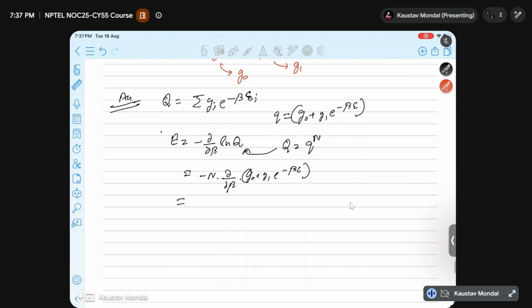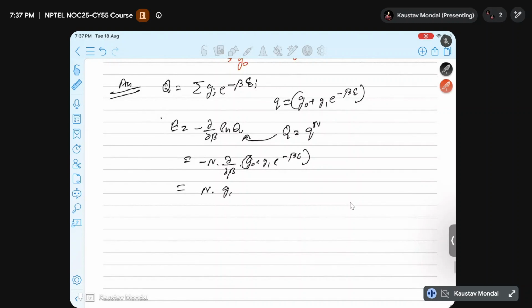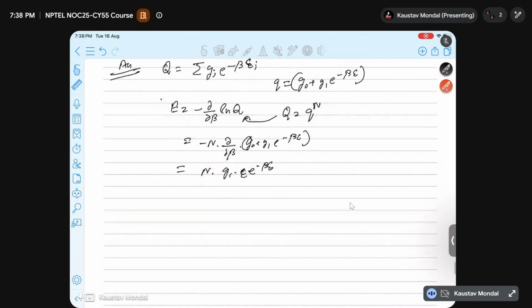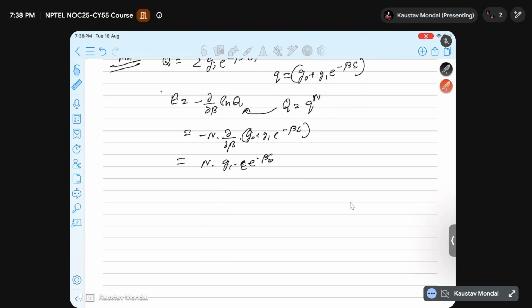If you do the derivative, you will get N into g1 into e to the power beta e divided by g0 plus g1 e to the power beta e. This is the expression of the total energy.